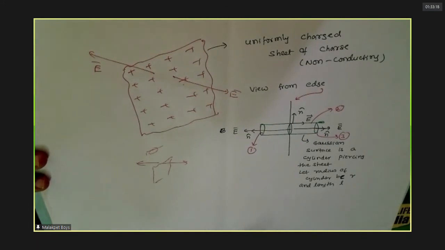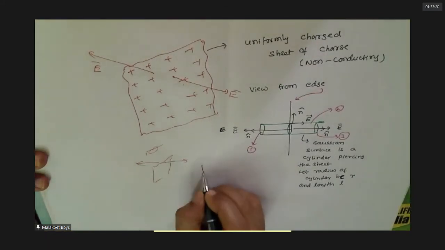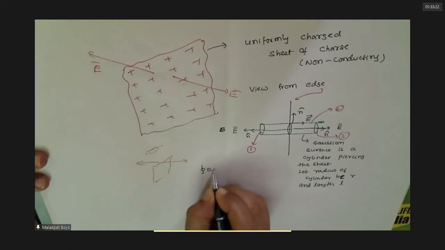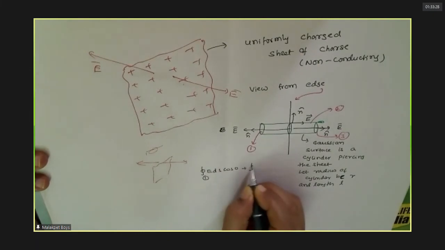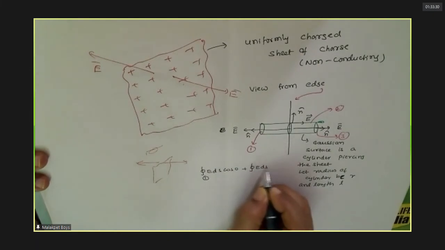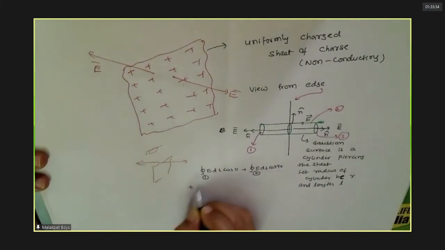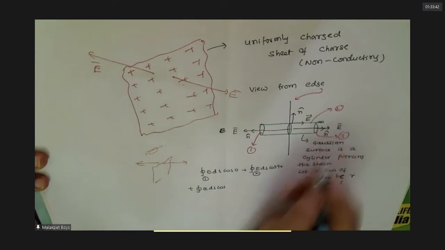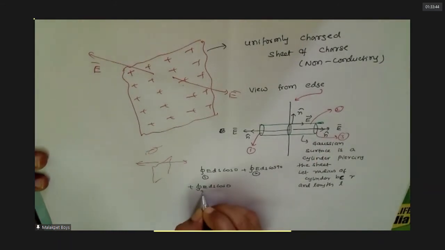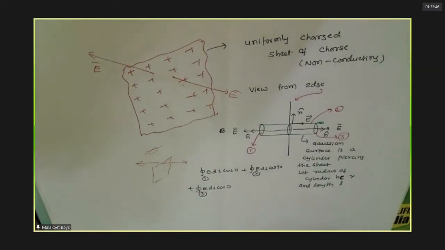Then for the curved surfaces, E dS cos 0 for 1, E dS cos 90 for 2, E dS cos 0 for surface 3. Any doubt is there?